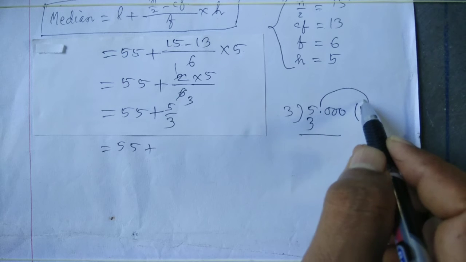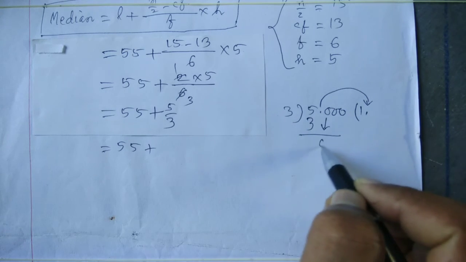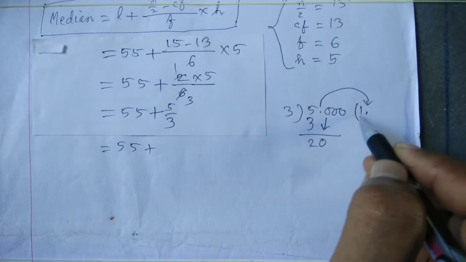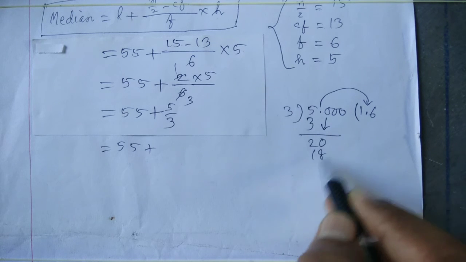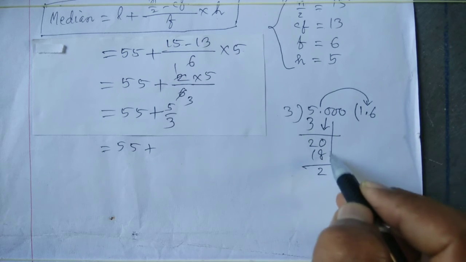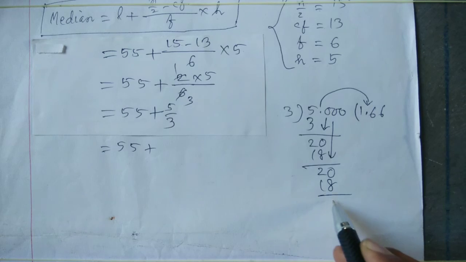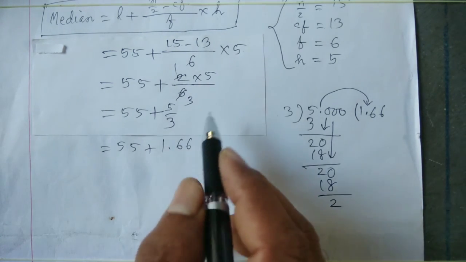We place the decimal point in the quotient, then bring down 0. 3 6s are 18, 2; 3 6s are 18, 2. So 1.66.